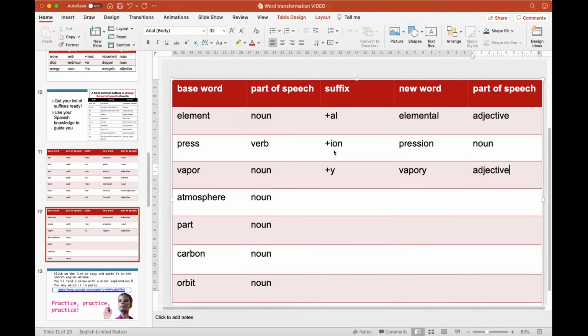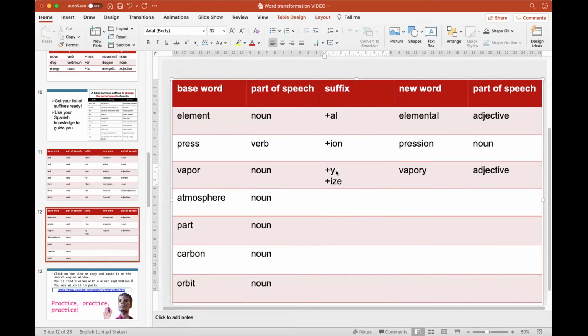We can also have another one like vaporization. I am not going to write it because I am afraid that we are going to have a mess here. Vaporization.